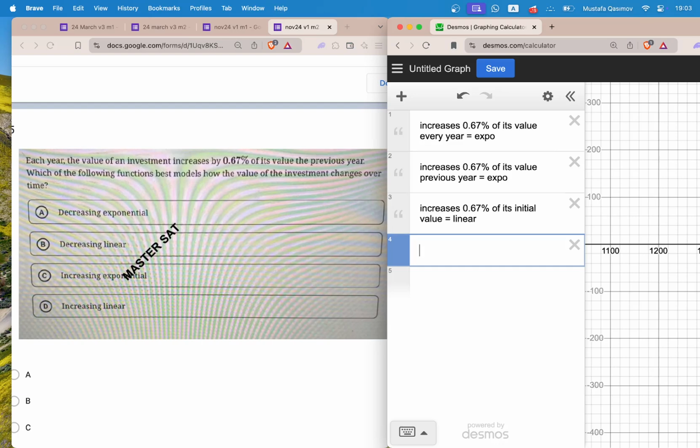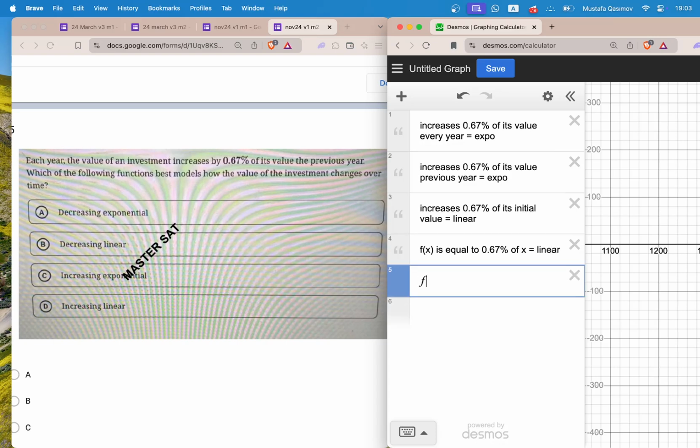Okay. And if you have something like this, sometimes they say to use that one. I saw that one about 2 or 3 times in the exam. f of x is equal to, for example, 0.67% of x. It is linear, not exponential.